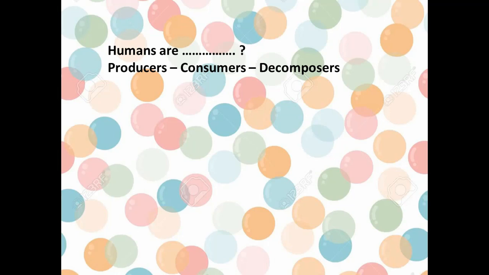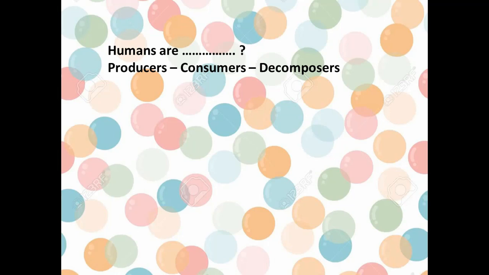Can we make our food by ourselves, like producers, like plants? No, plants are the only living organisms that can make their food by themselves, as they are the only living organisms that have chloroplasts, and they are the only living organisms that can make the photosynthesis process. So we can't make our food by ourselves, so we are not producers.